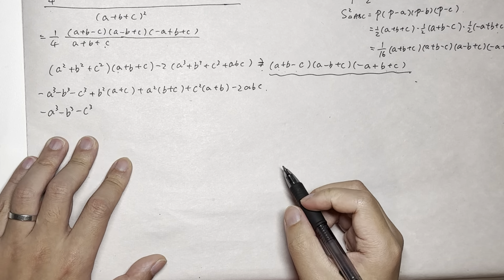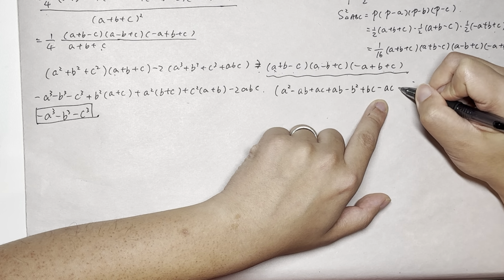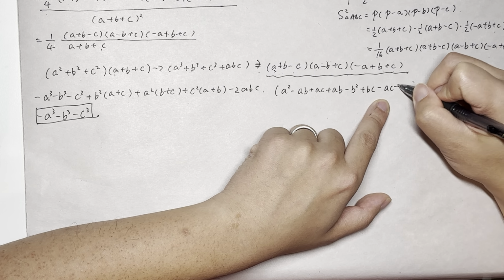Okay, let's do brute force calculation. This one times this one equals a squared minus ab plus ac plus ab, that's ab, and minus b squared plus bc minus ac plus bc, minus c squared, times (minus a plus b plus c), right?